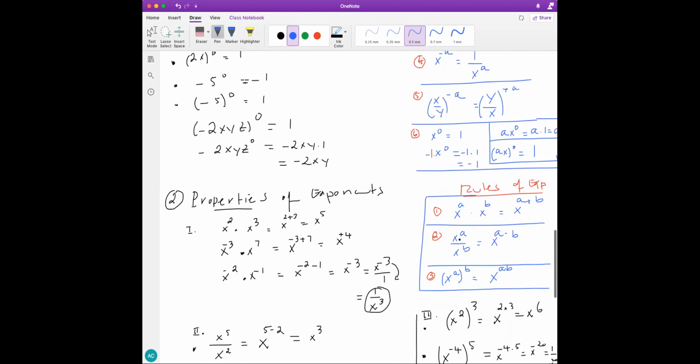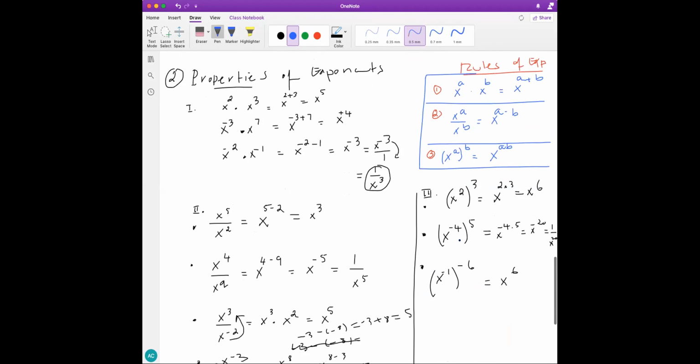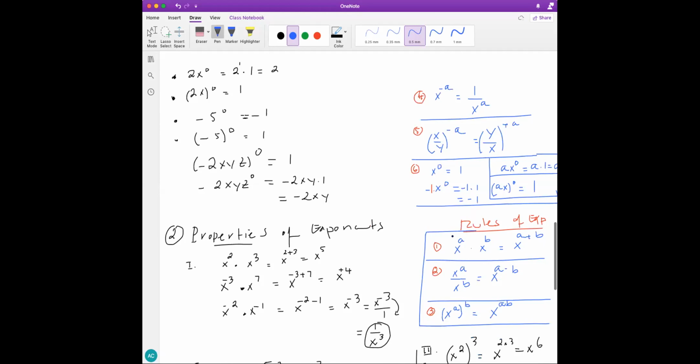There's one other rule left. Let's call this number 7. If you have x to the power a times y to the power a, what do you think this is equal to?